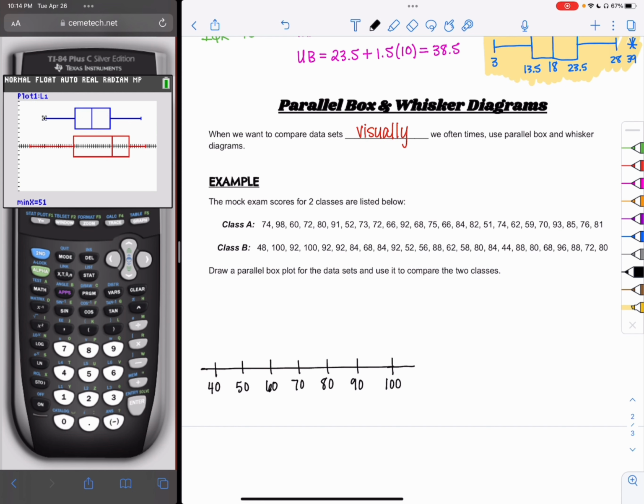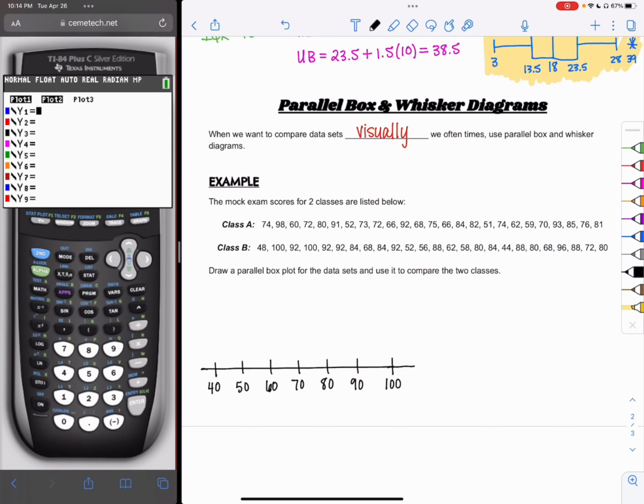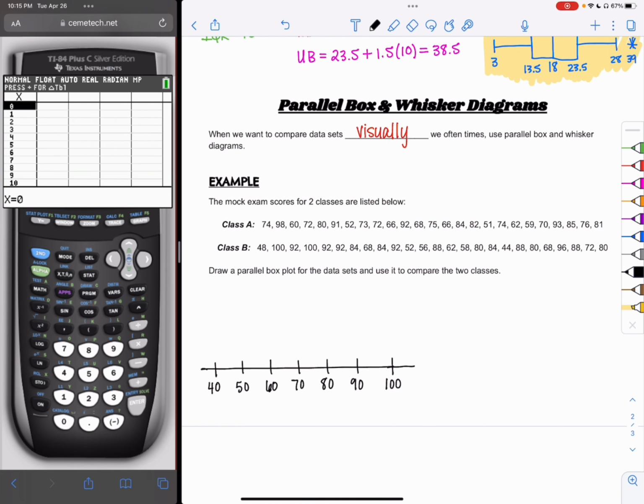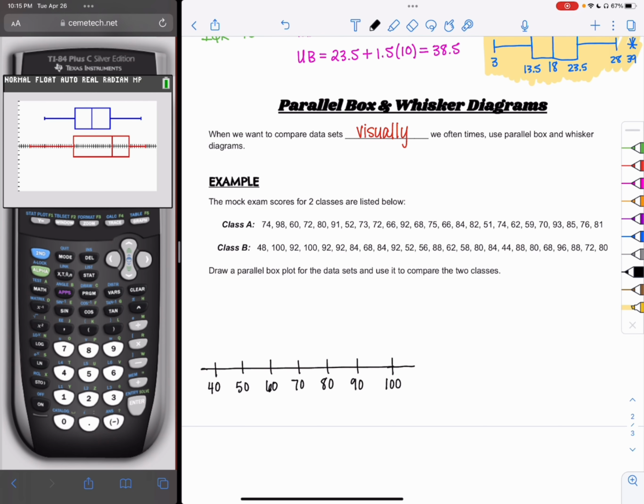If I press trace here, I see the minimum of class A. Remember, class A is in blue. If we go back to stat plots, we see that the first one was in blue and the second one was in red, very similar to how we see the colors when we do y equals. For class A, I see that my minimum is 51, so I'm going to mark 51 here.